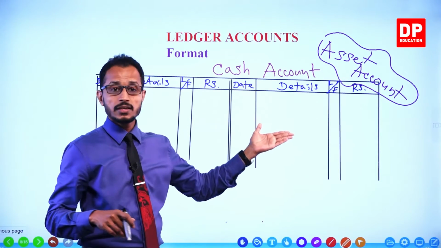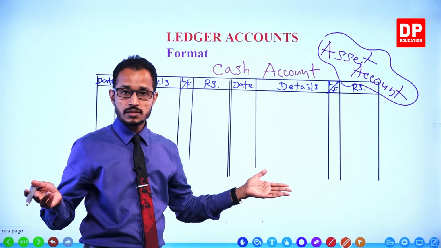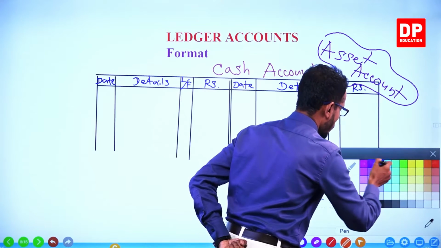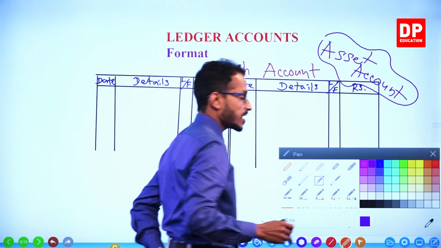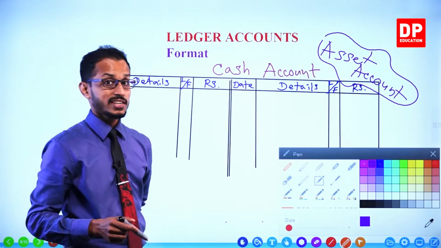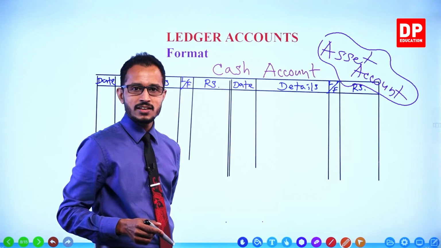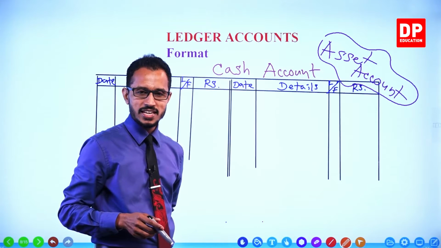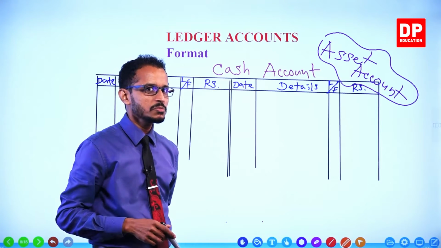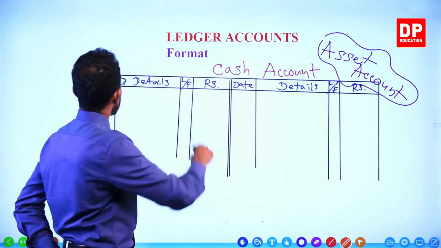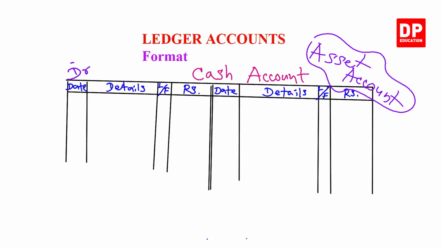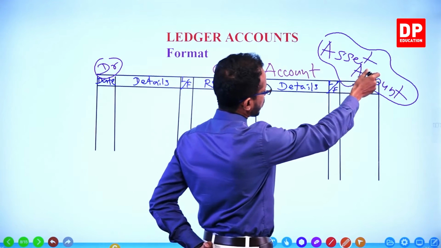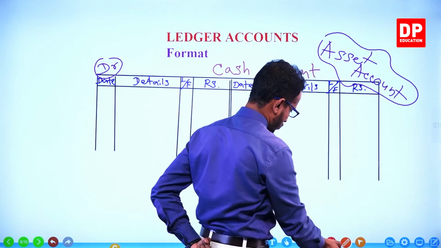Oh, we forgot one thing, right? Children, we haven't mentioned the debit side and the credit side. Critical mistake. You will learn from this mistake, and you should never make it again. Mention the debit side as DR, and credit on the right. Let's erase this.